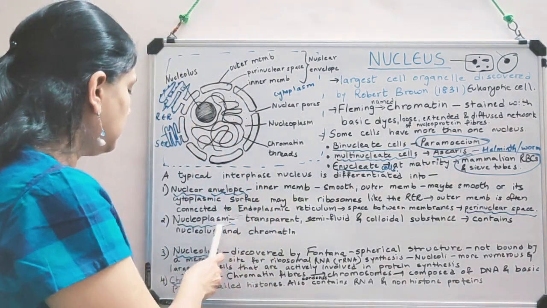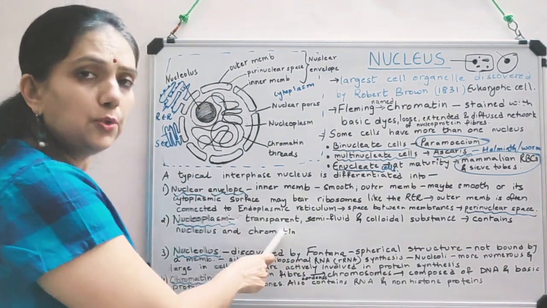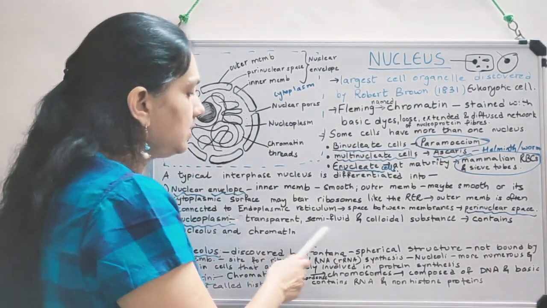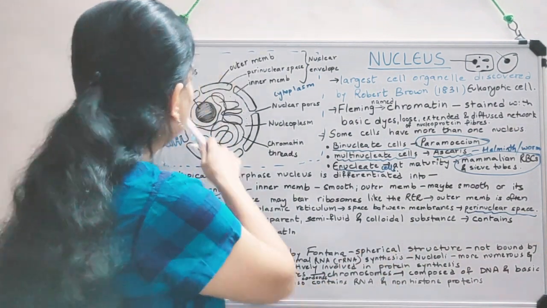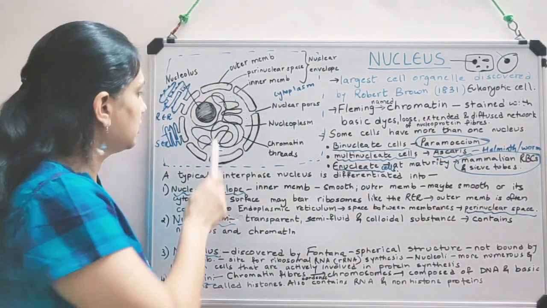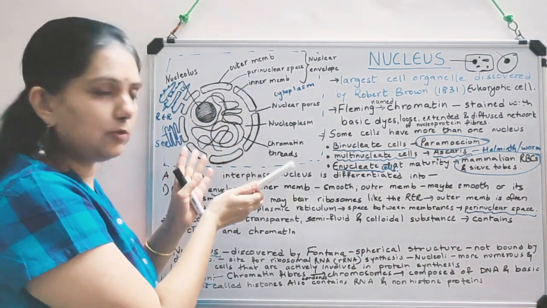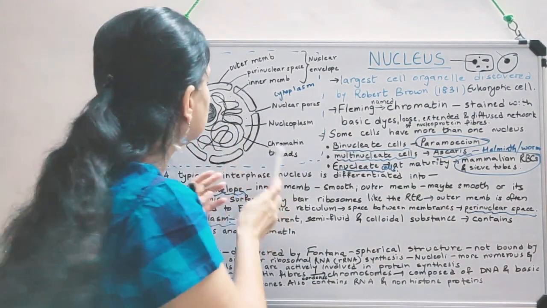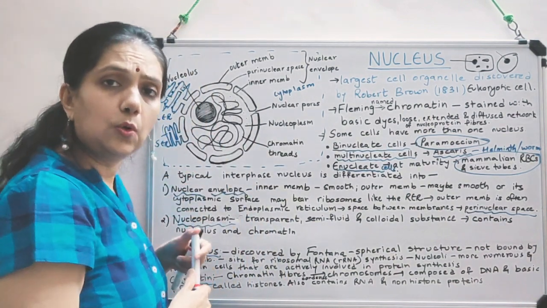Now coming to the next component, the nucleoplasm. This nucleoplasm is a transparent, semi-fluid, colloidal substance, and in this you can see there are two structures. One is the nucleolus, and the other is the noodle-like threads spread inside. These thread-like structures are called chromatin.